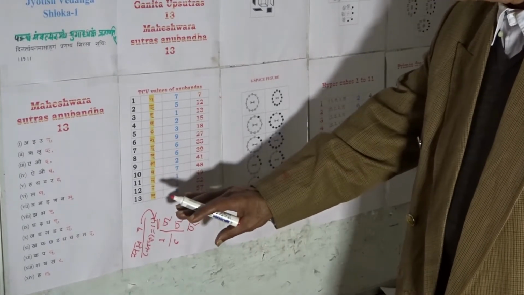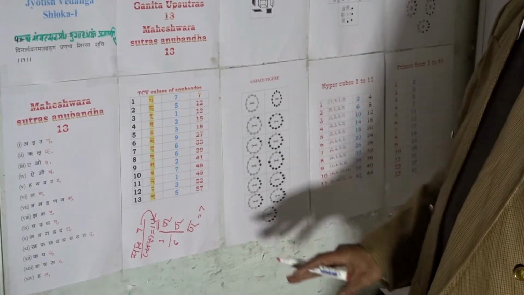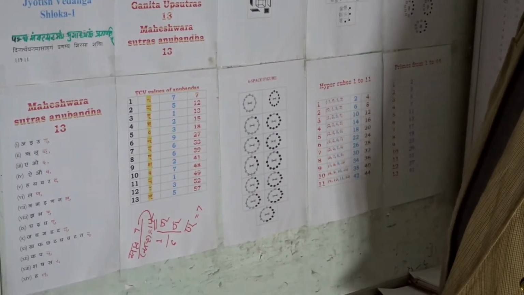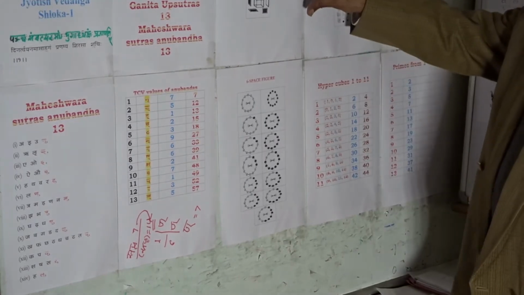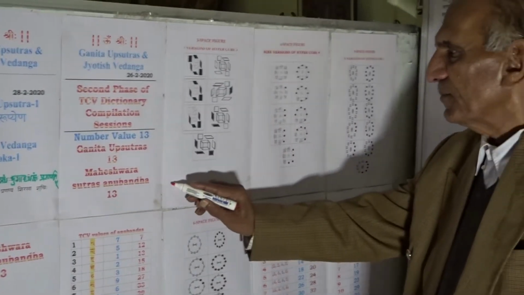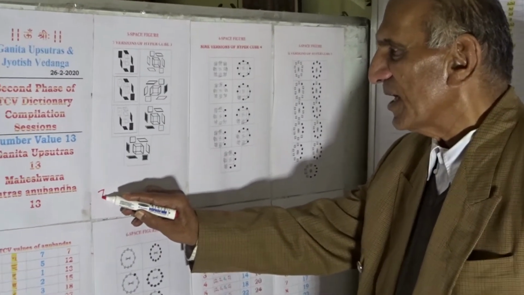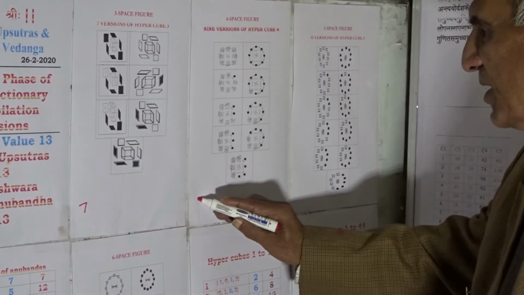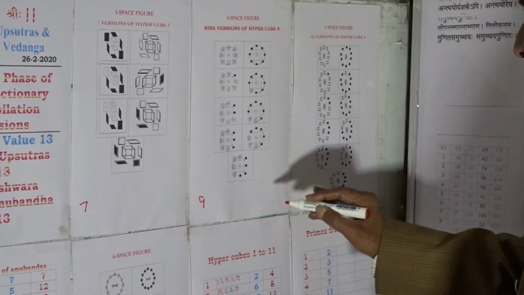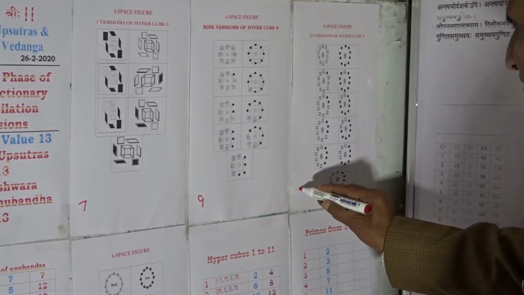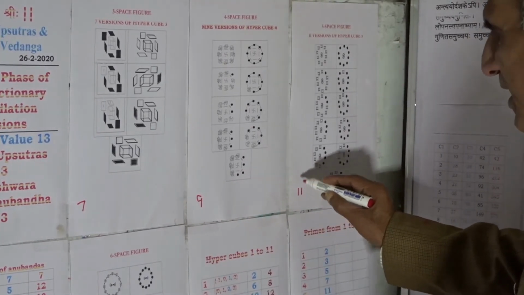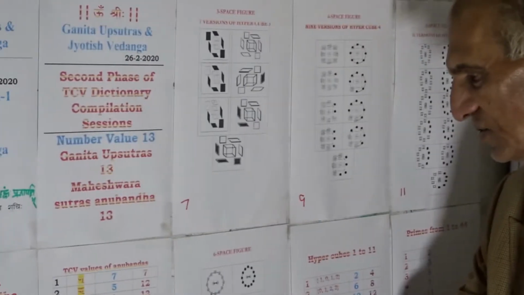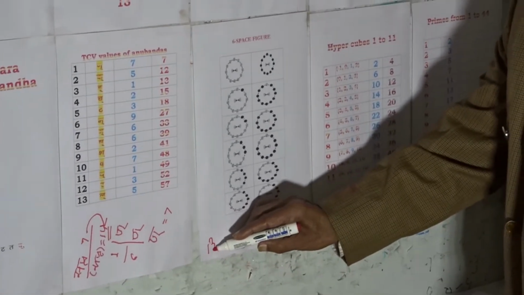It is this feature which is going to play a very big role, as we know that 3 spaces having 7 geometries range, 4 spaces having 9 geometries range, 5 spaces having 11 geometries range, and 6 spaces having 13 geometries range.